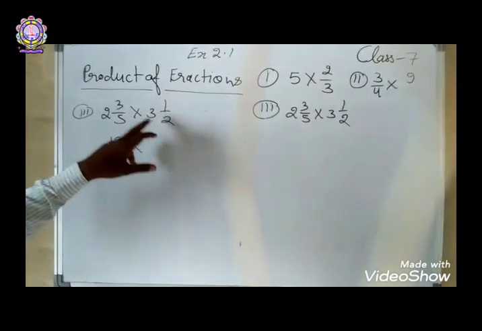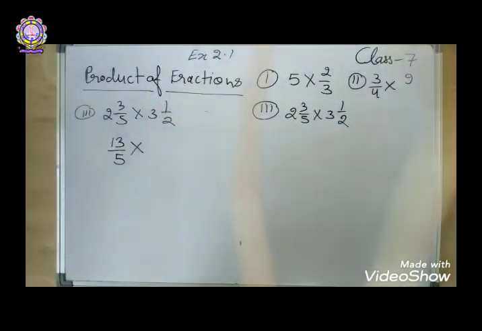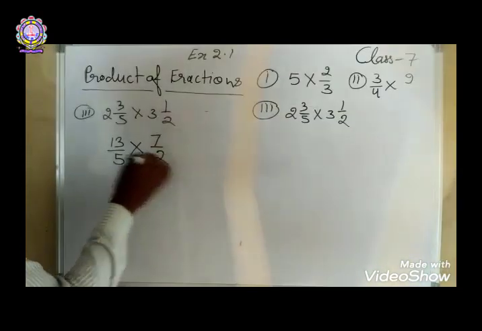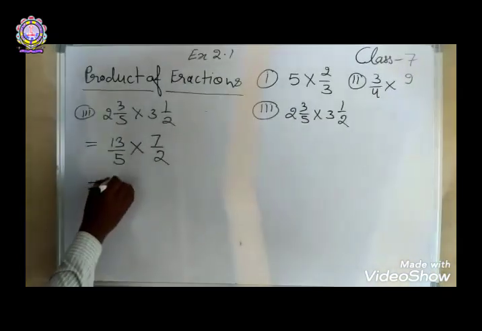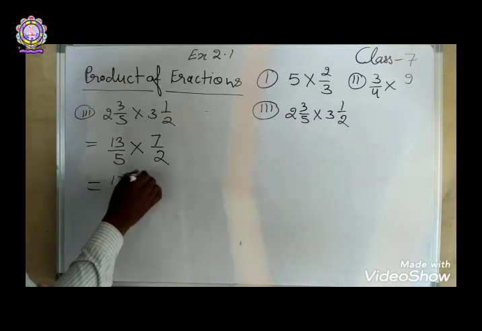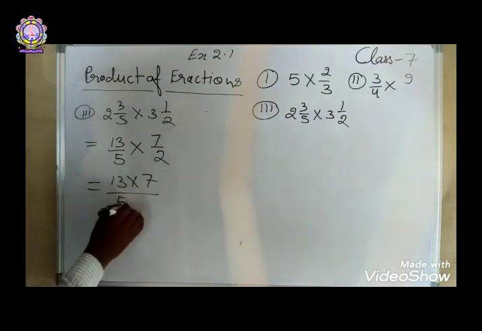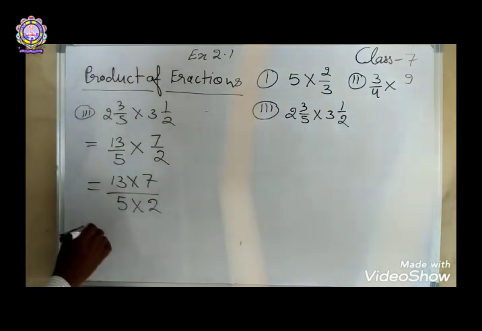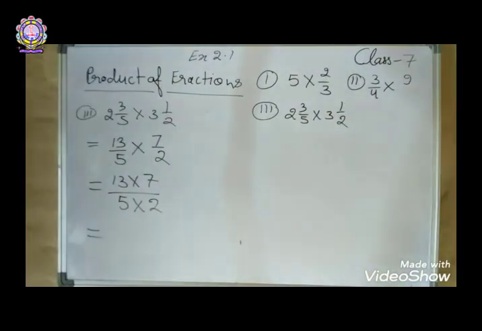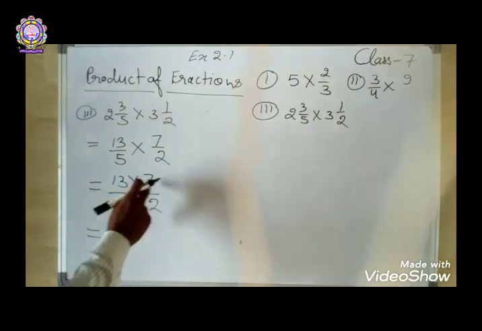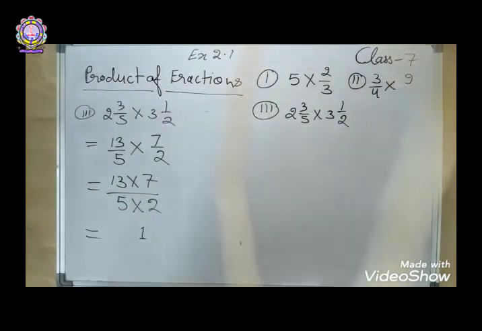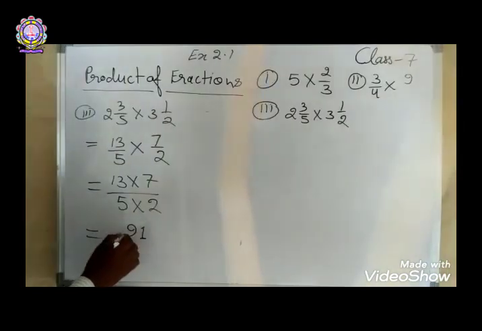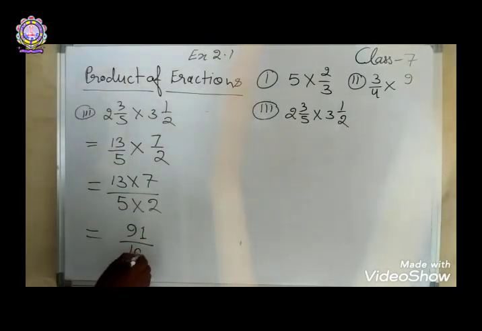Into 2 3s are 6 and 1 is 7 upon 2. And now multiply them: 13 into 7 upon 5 into 2. So you get 13 7s are 91 upon 2 5s are 10.